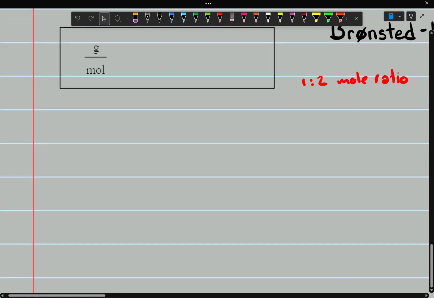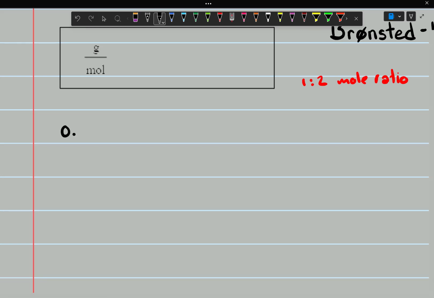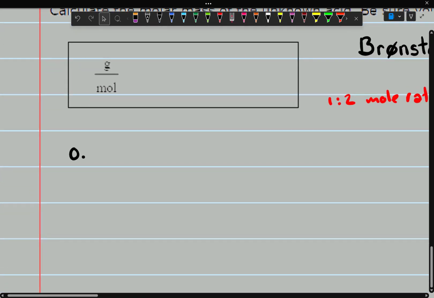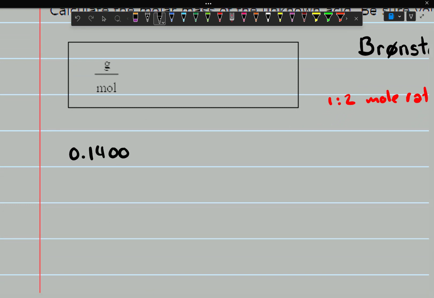So we remember that molarity is moles per liter, and so if we have a 0.14 molarity solution of sodium hydroxide, that means we have 0.14 moles of sodium hydroxide for every 1 liter.